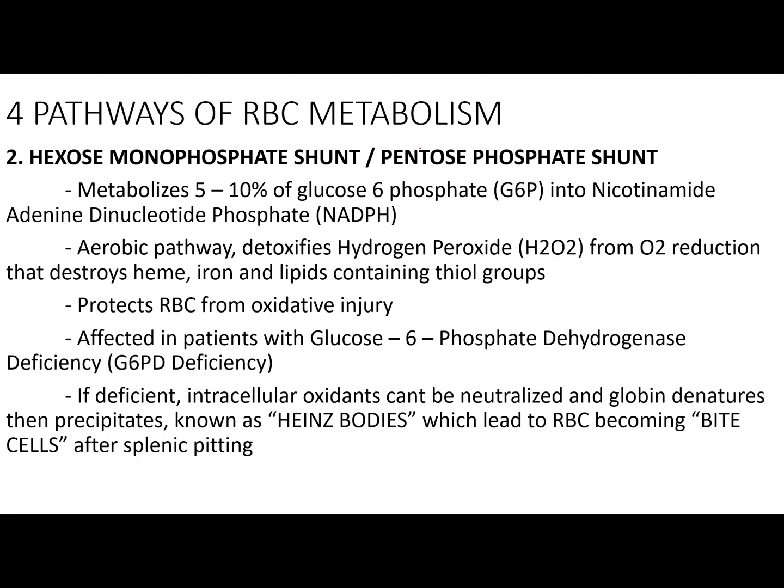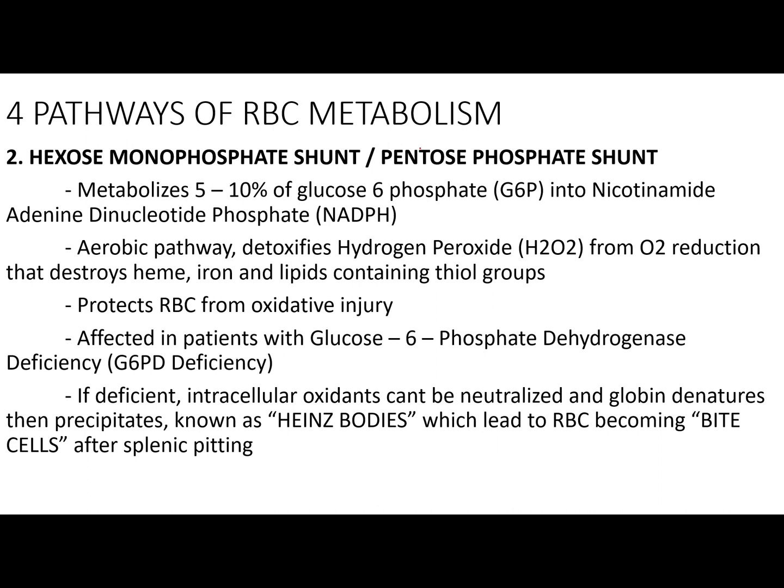Now let's continue. Next, class, is the hexose monophosphate shunt or the pentose phosphate shunt. It would metabolize 5 to 10% of your G6P or your glucose 6 phosphate into nicotinamide adenine dinucleotide phosphate or your NADPH. This is an aerobic pathway, class. It detoxifies H2O2 from oxygen reduction that would destroy heme, iron, and lipids containing thiol groups.